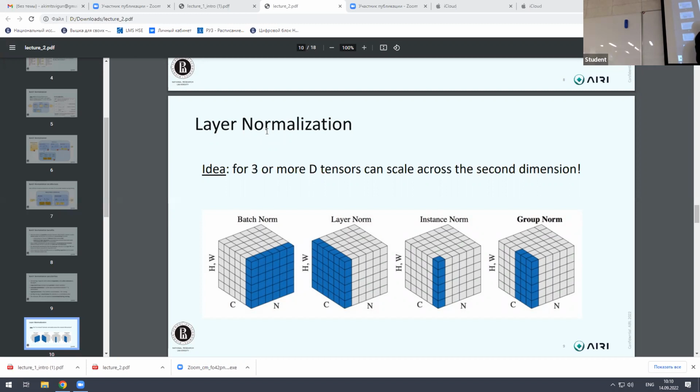What layer norm says is, well, it's not great that, first of all, I use the other elements in the batch, so my training is dependent on which elements are in this batch. And second of all, there are some data structures where we mostly need to scale not with respect to the full batch, but with respect to the element.